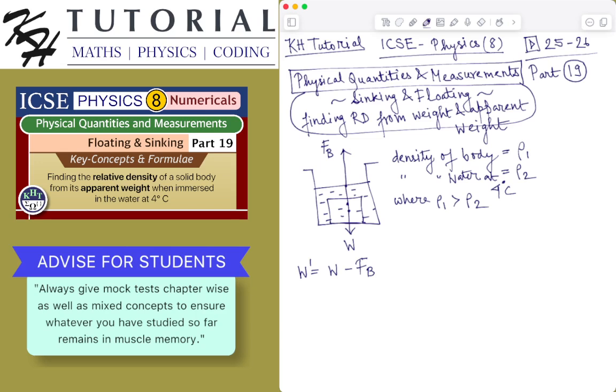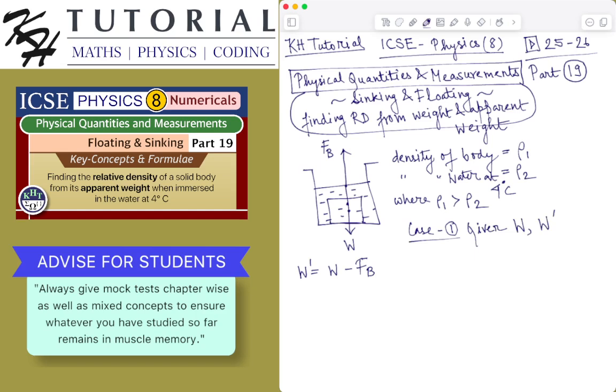Now let's say we are given the apparent weight, that is, W dash is given and W is given. Case 1: W is given, that is the weight of the body, and the apparent weight is given.